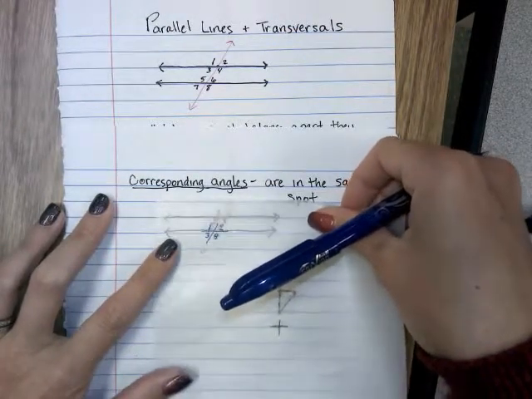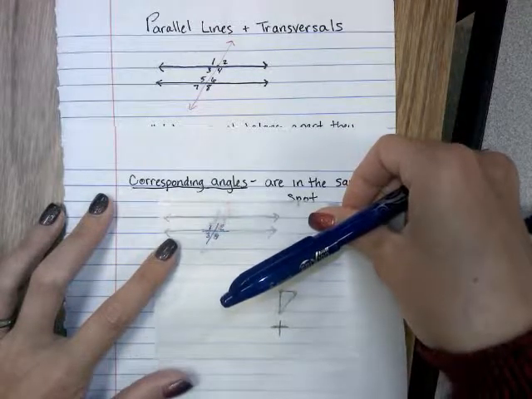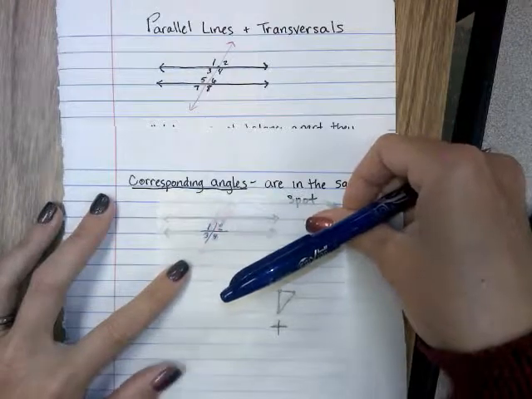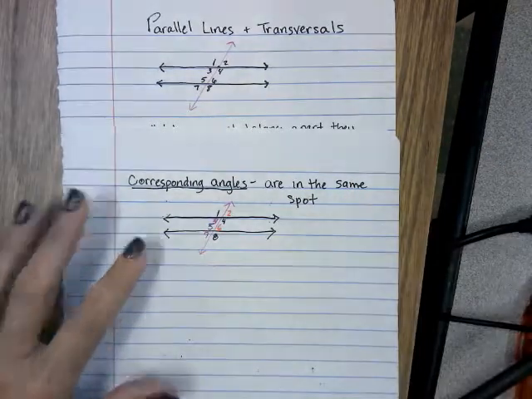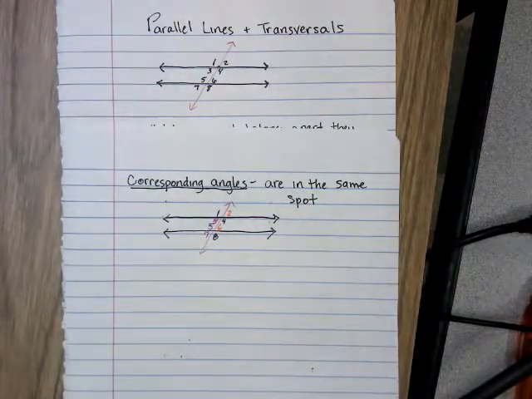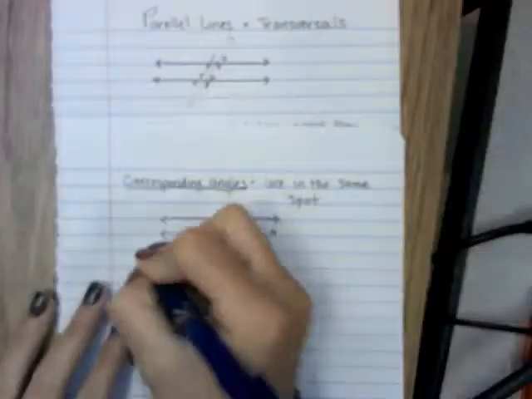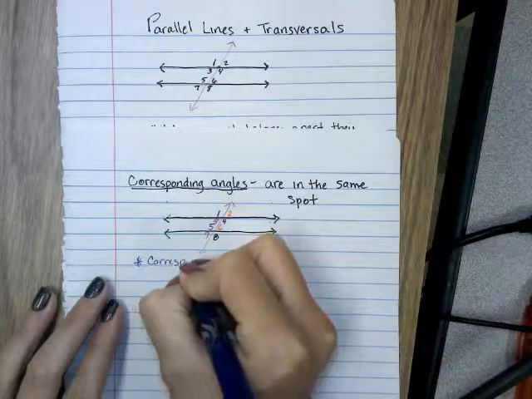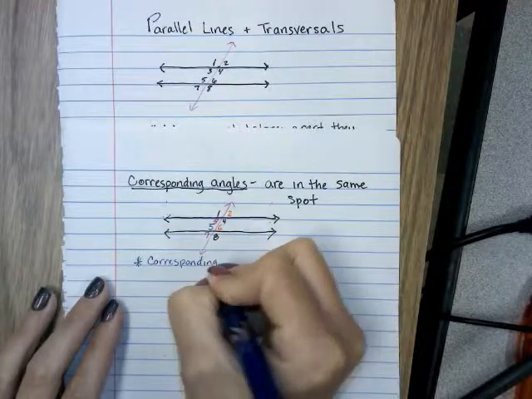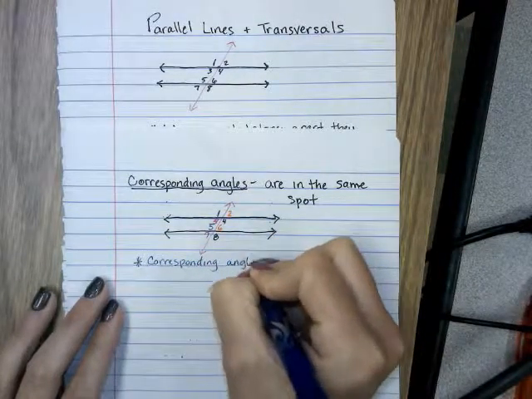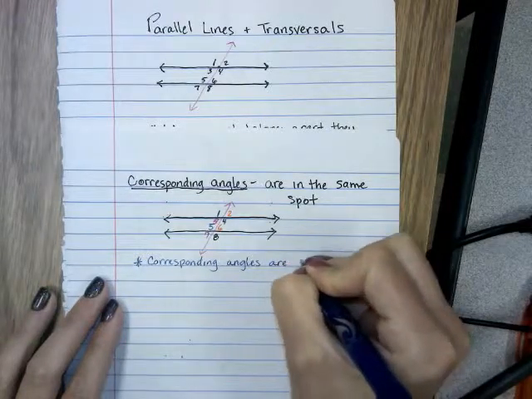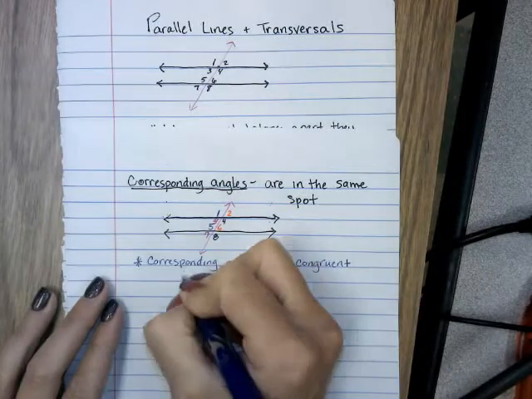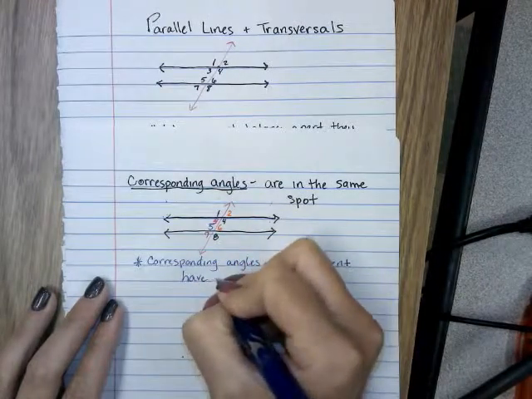They match up with 5, 6, 7, and 8. Because they match up, because they're in the same spot, that makes them corresponding angles. Corresponding angles are congruent. Meaning they have the same measure.